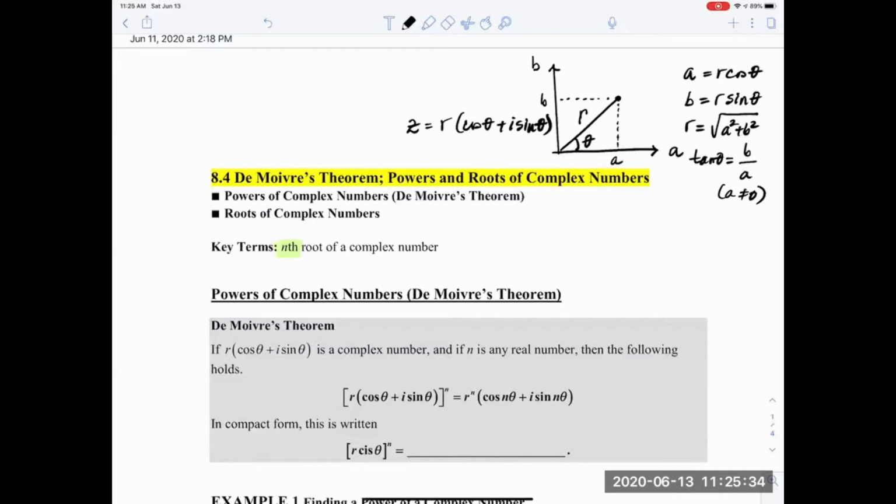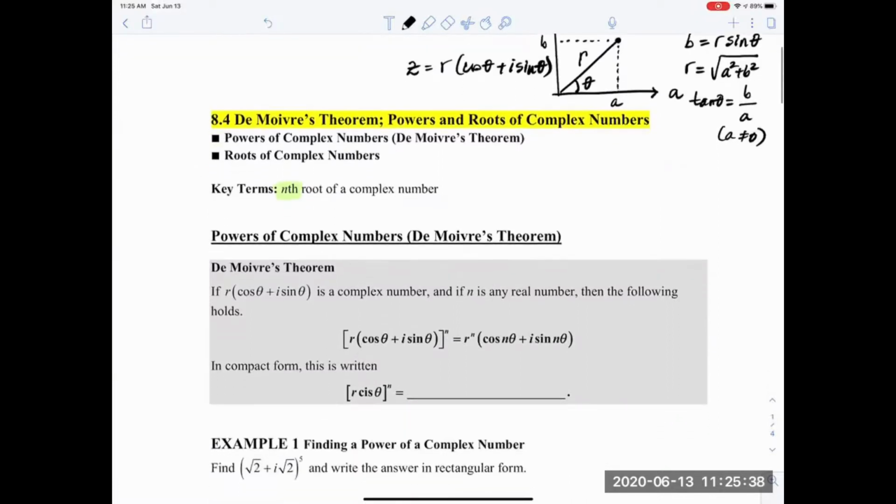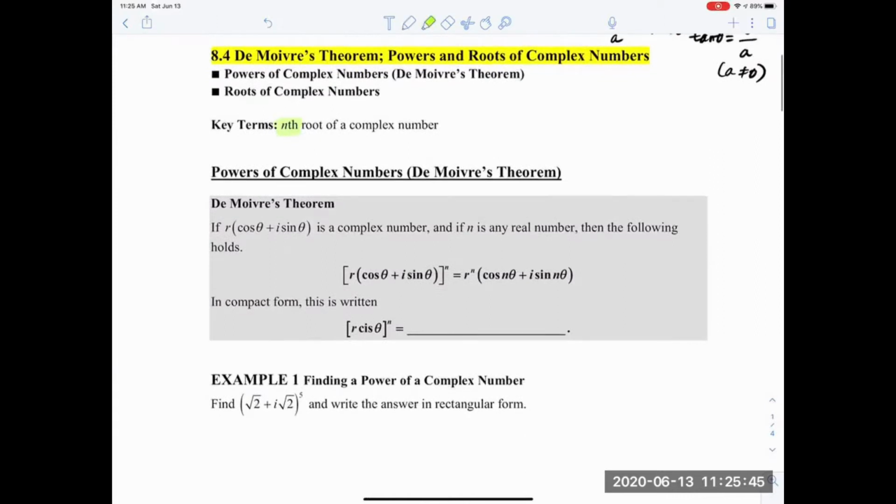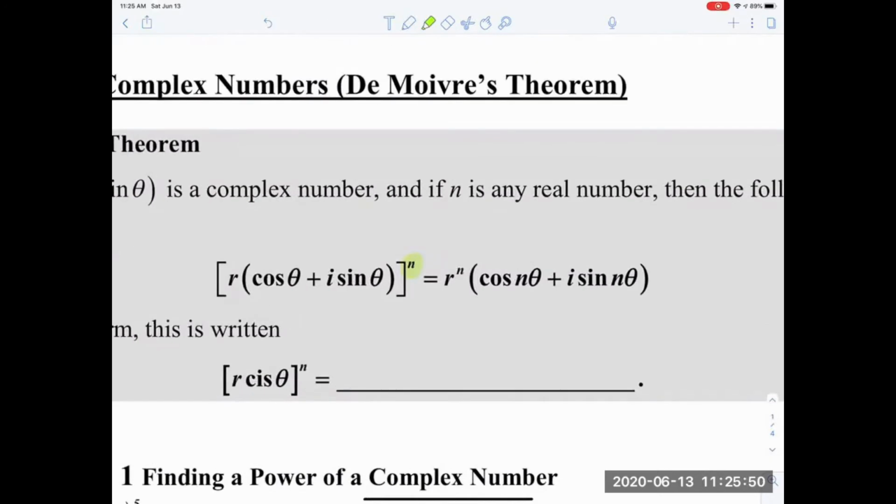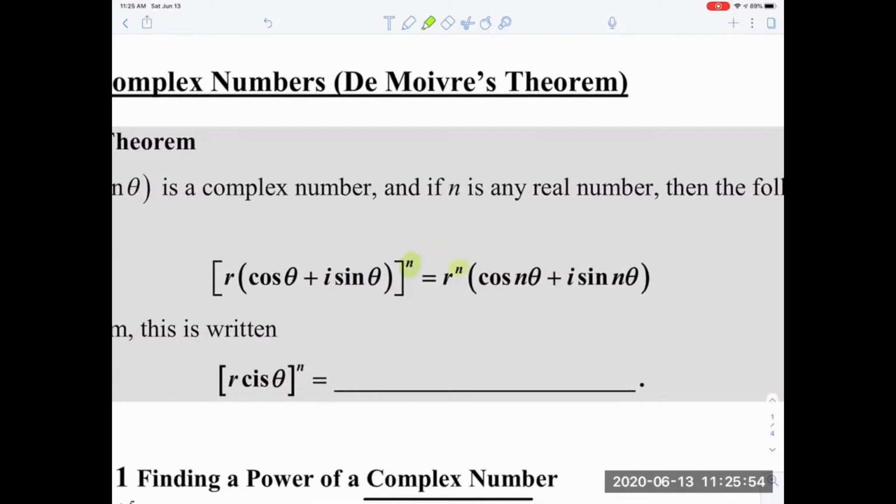This kind of captures everything in a nutshell, everything you learned so far about these complex numbers. Now, De Moivre came up with this theorem where, if you're trying to raise a complex number to a power of n, that distributes out the following way. The exponent goes to the modulus part, and then it goes to the argument part, for the real component and for the imaginary component.